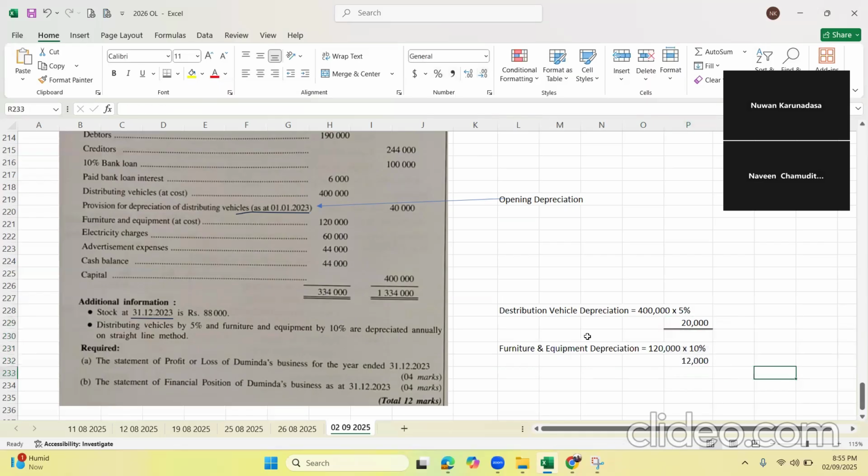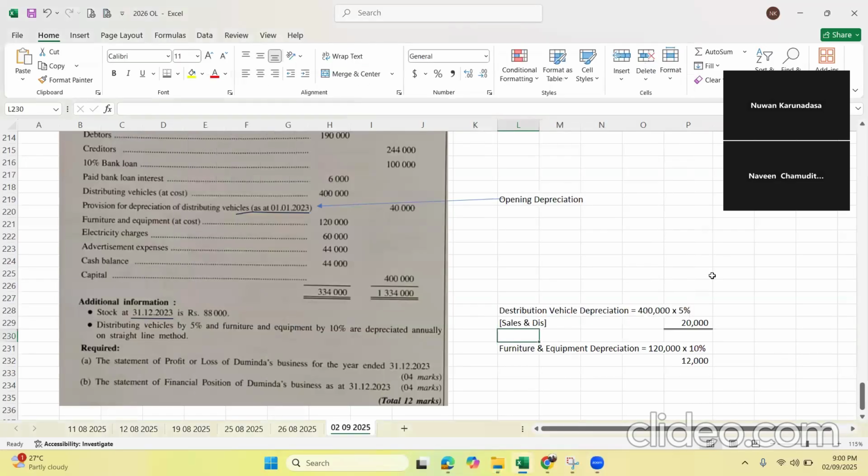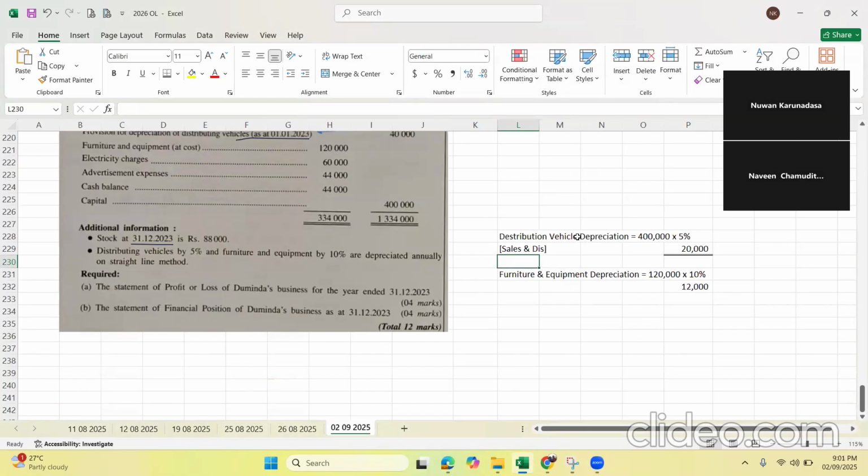The distribution vehicle depreciation is which type of expense? Sales and distribution expense.